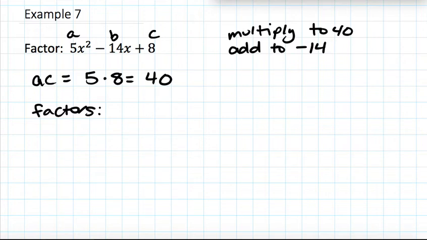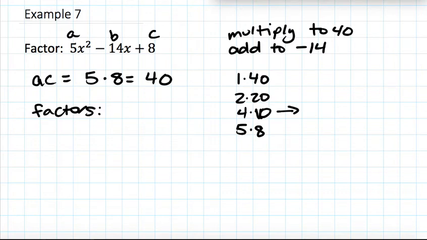So possible combinations of numbers that multiply to 40 would be 1 times 40, 2 times 20, 4 times 10, and 5 times 8. The pair that is going to add to 14, or negative 14 once I make them both negative, is going to be 4 times 10. So my factors are going to be negative 10 and negative 4 here.